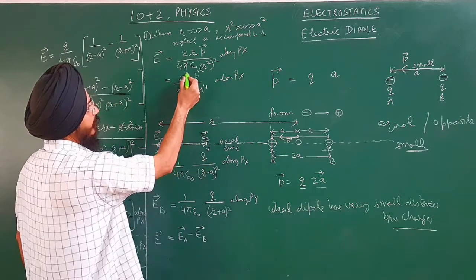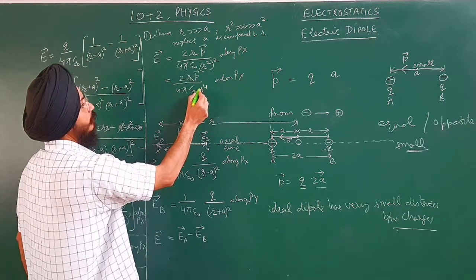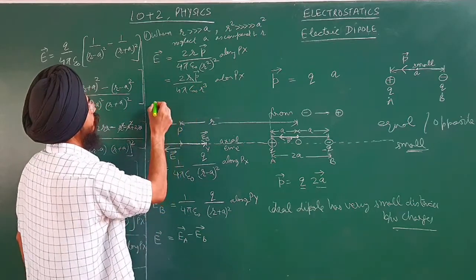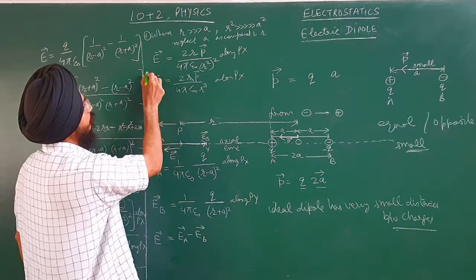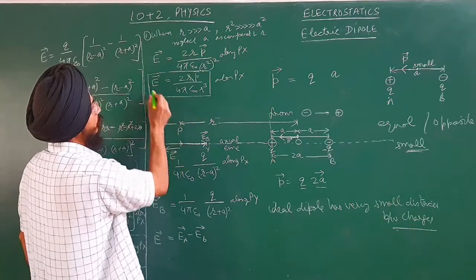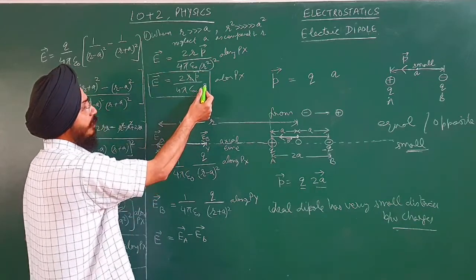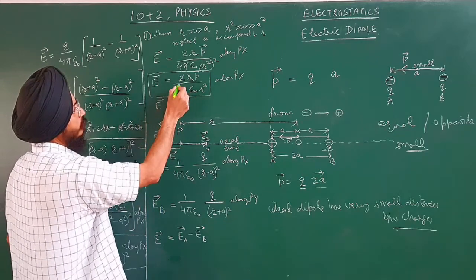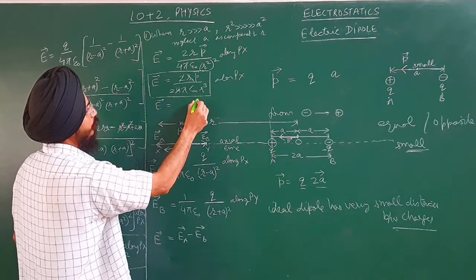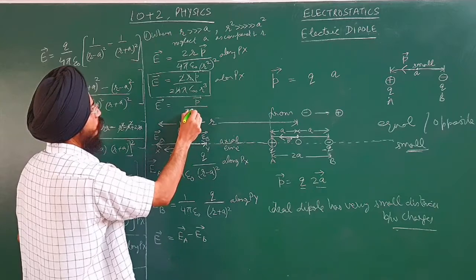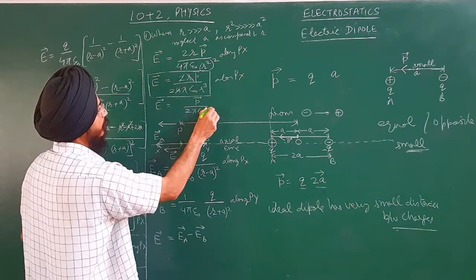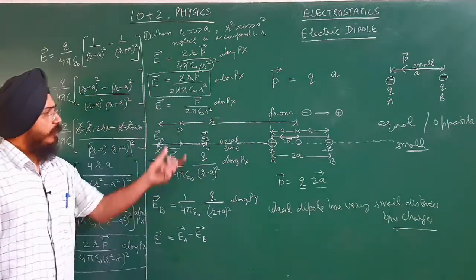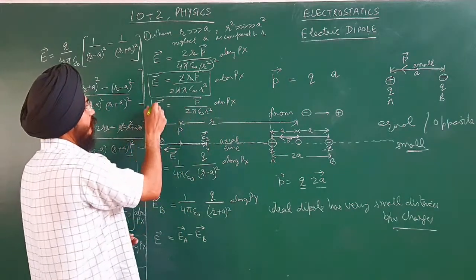So one r can be cancelled from here. The final result will be 2p upon 4 pi epsilon naught r cube, or more conveniently you may write it as p upon 2 pi epsilon naught r cube along px. So this is our result.